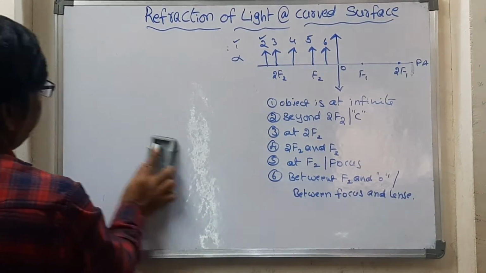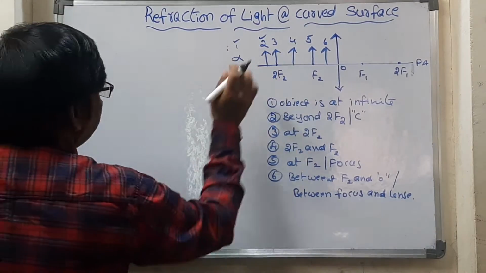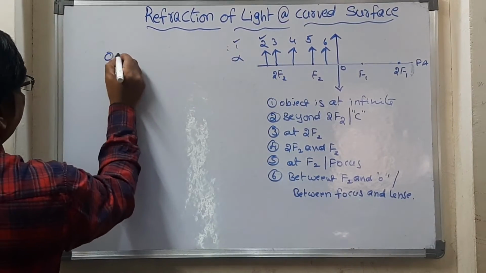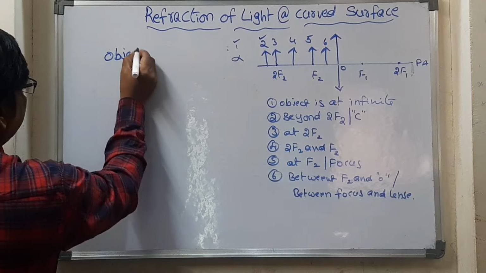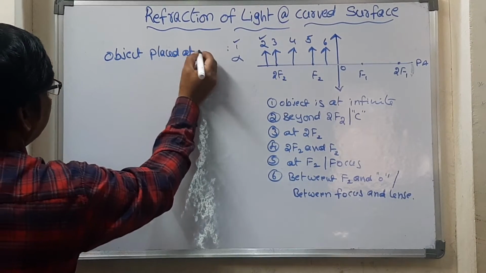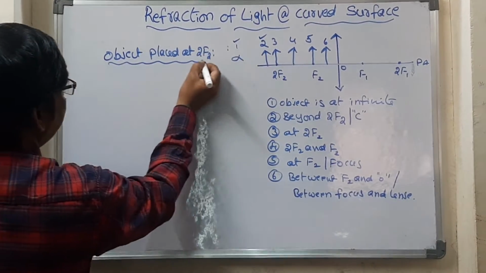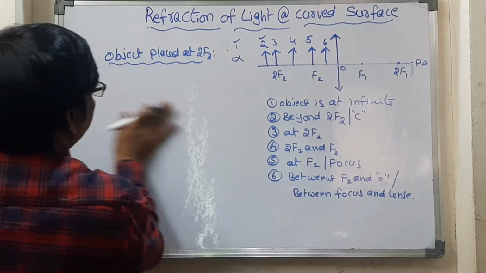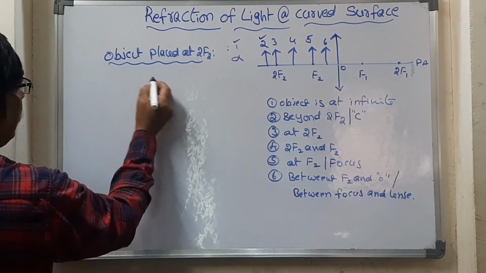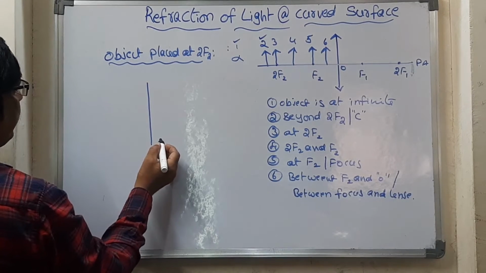So what is the next situation we have to draw? Now we will go for this one, that is, the object placed at 2f2. This is the most important one.